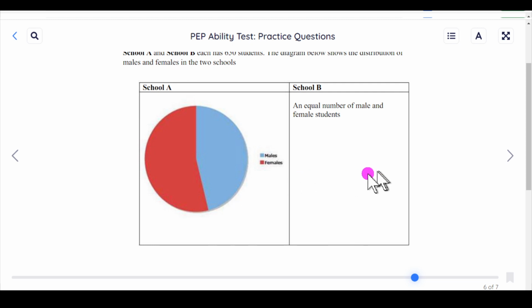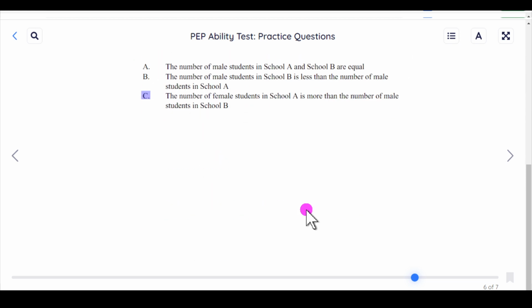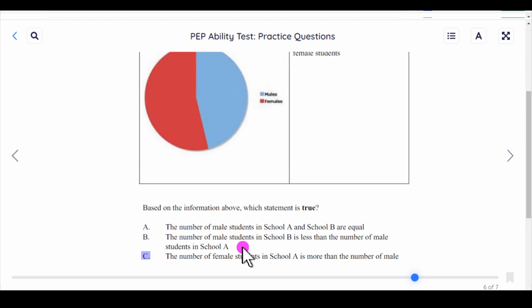And in the diagram for school B, it would be cut straight down the middle. So that one wouldn't be true. Okay. The number of males in school B is less than the number of males in school A. Number of males in school B, if we look at the diagram, would actually be more, because for this one they'd come over and meet halfway.